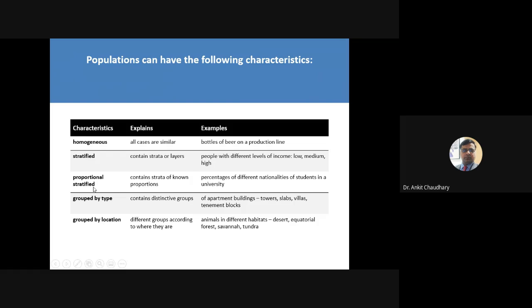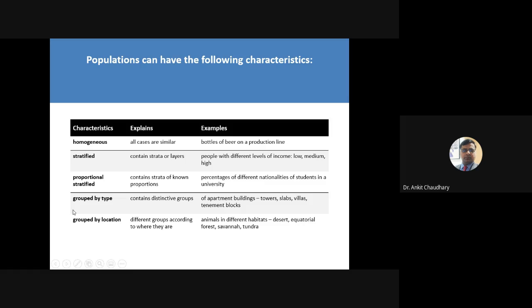Then we have proportional stratified sampling, which contains strata, that means sections of known proportions. That is probably a version of this where we can take the data into sections of equal ratio.